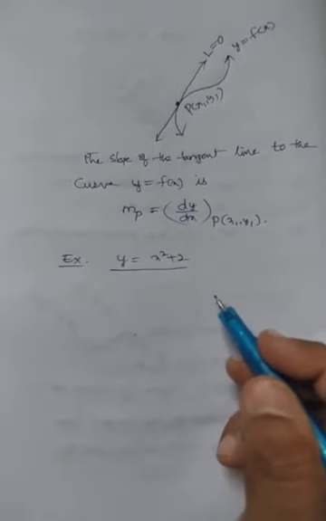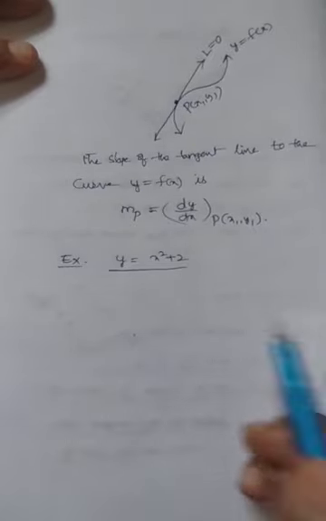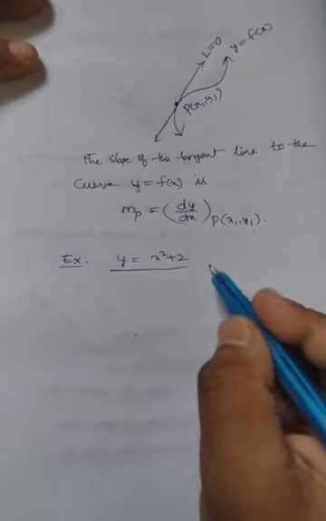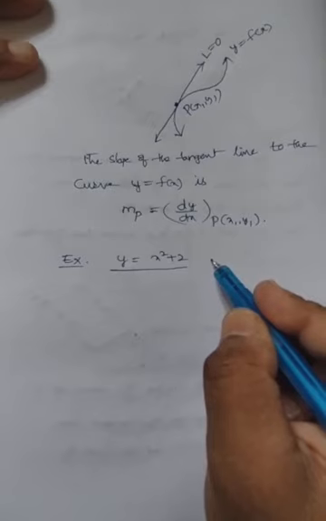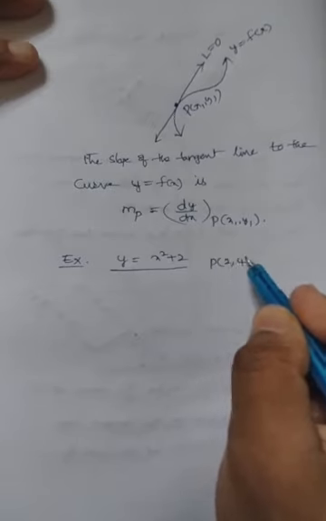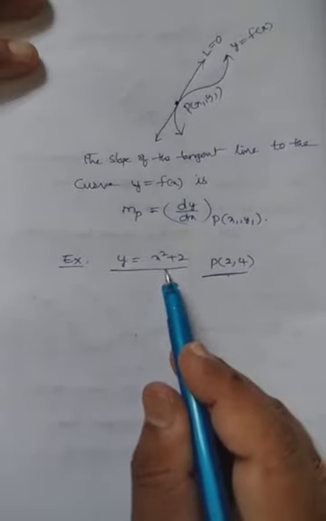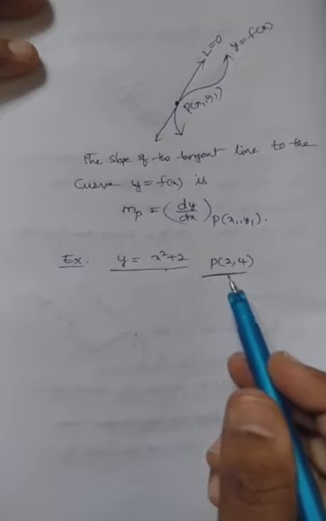So let L equals 0 be the tangent line to this curve at the point, suppose the given point is 2 comma 4. At this point on this curve, we have to find the slope of the tangent line.